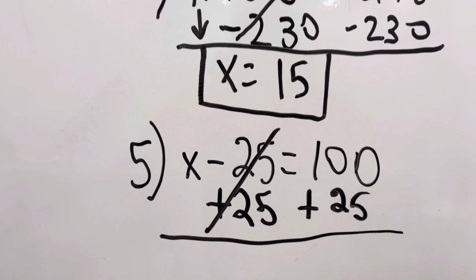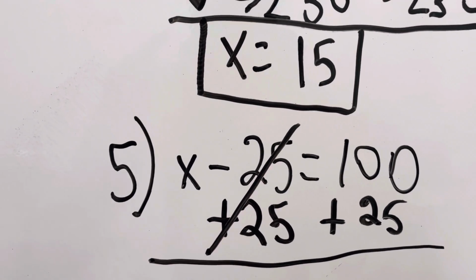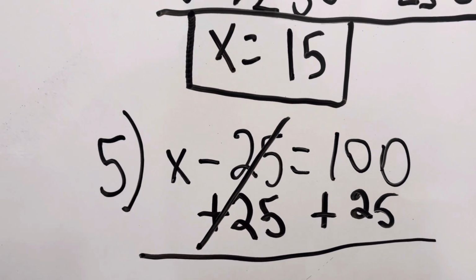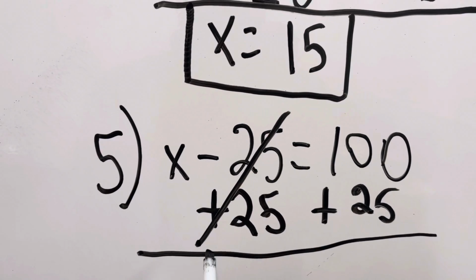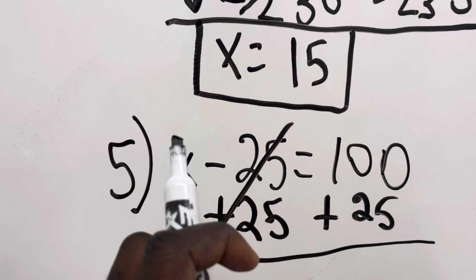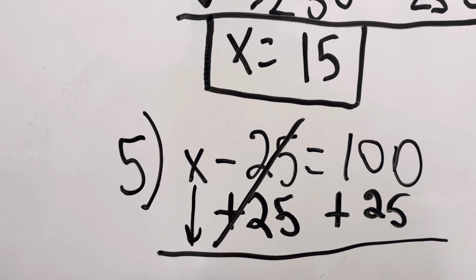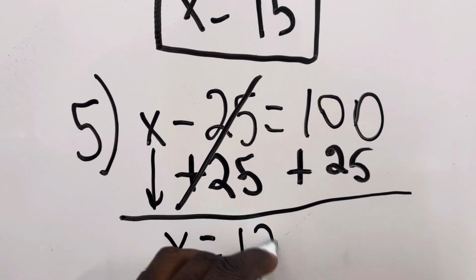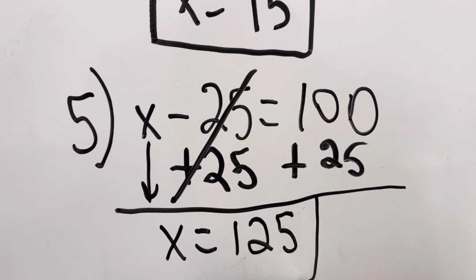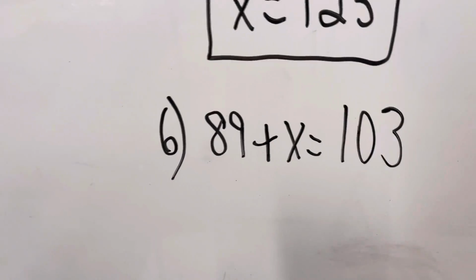But since it's x minus 25, you add 25 to both sides. So we can get rid of the negative 25 and bring x down. So now we bring x down. x equals 100 plus 25, 125. You got it. Last problem.